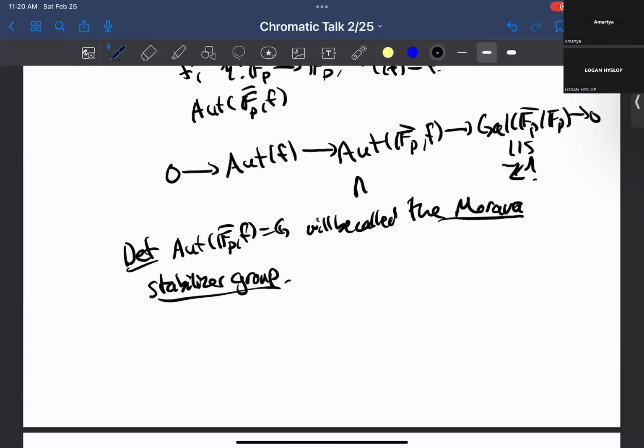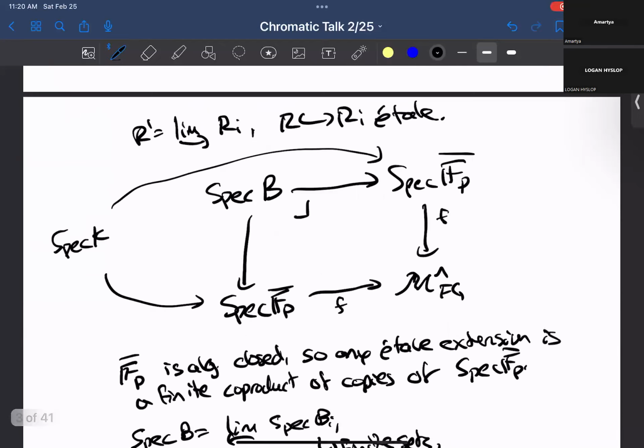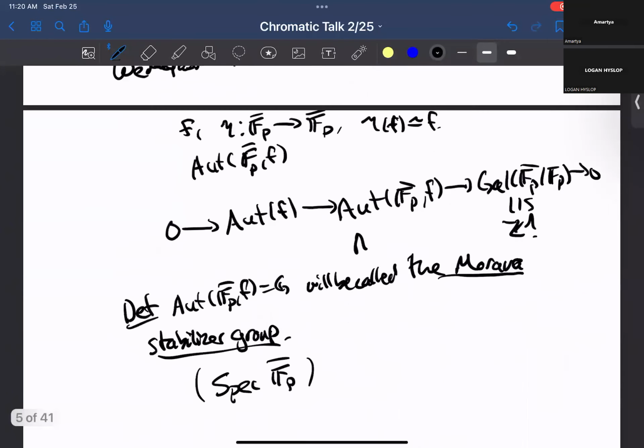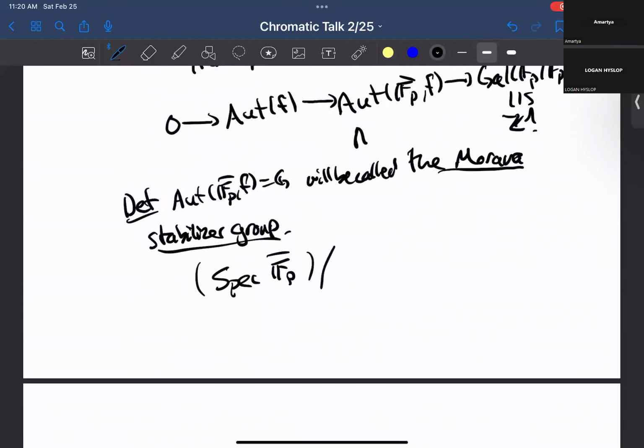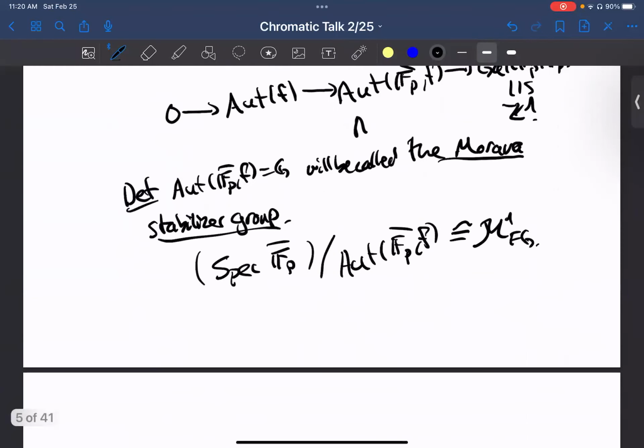And because we have this sort of extension, we can note that we take Spec FP bar, which is acted on by this group G, just by this pullback here. And we quotient by the action of this group, then we're going to get back this moduli space of height n formal group laws.